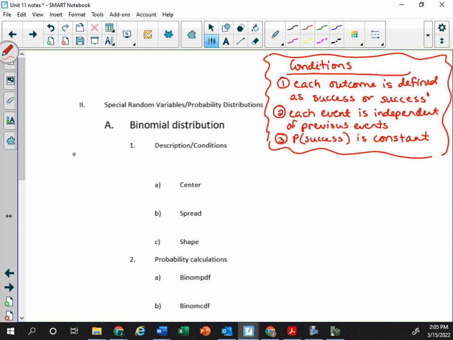All right, guys, so the description for binomial. With this, the number of events is defined.